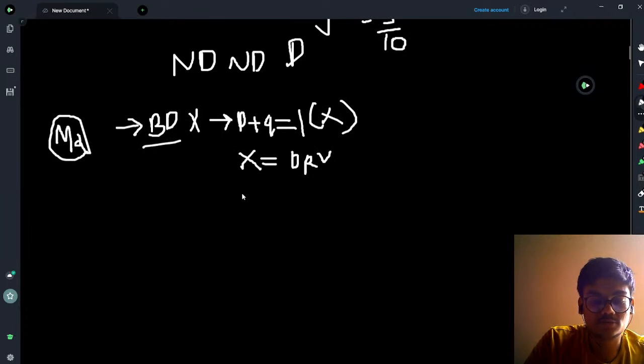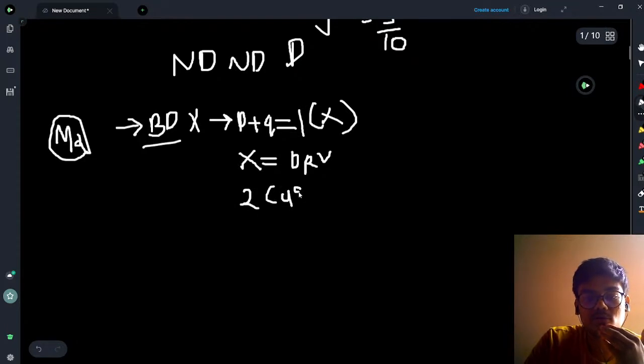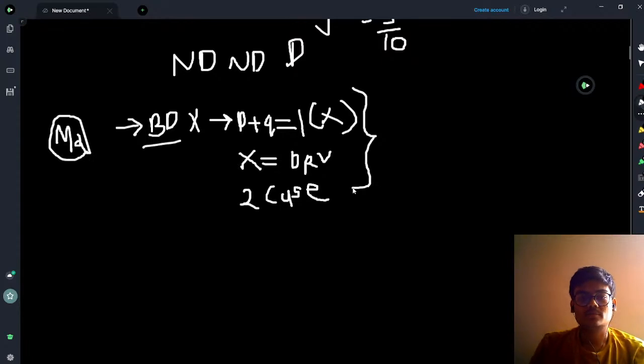It should be a discrete random variable, it should be independent, and we have two cases, damaged and not damaged.